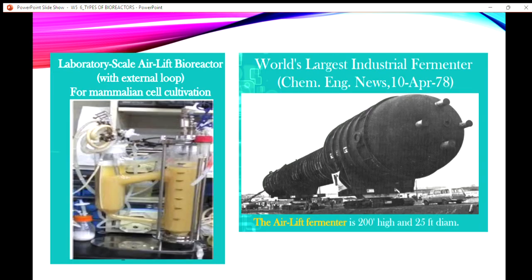So this is an example of the airlift bioreactor with external loop, for mammalian cell cultivation. And this is an example of the largest industrial airlift fermenter, as high as 200 feet in height and 25 feet in diameter. It is laid down at the bottom; if they want to use it, they will stand it upright.